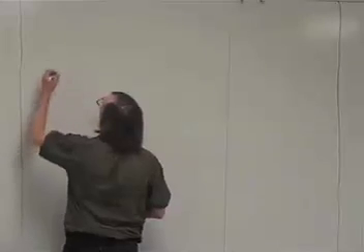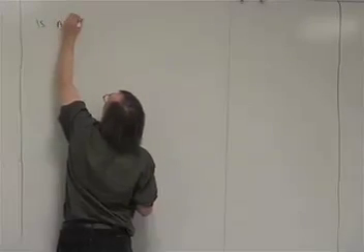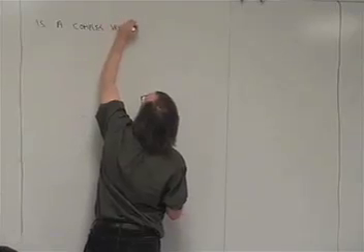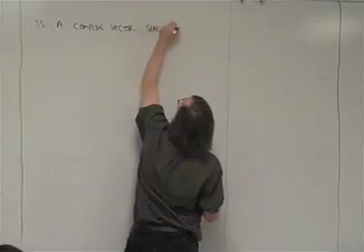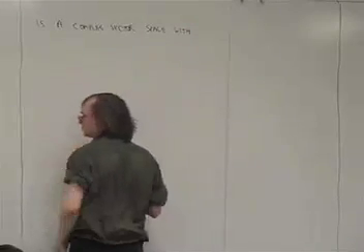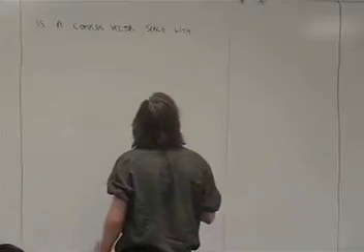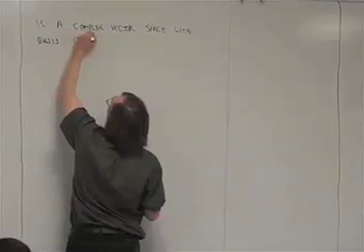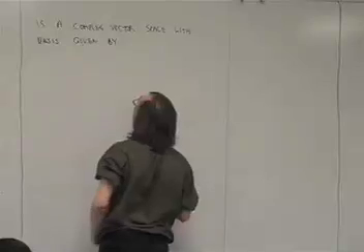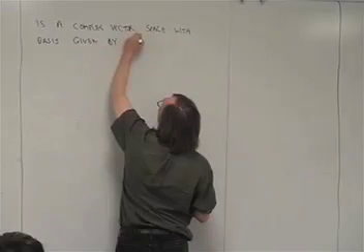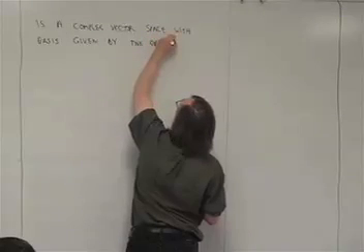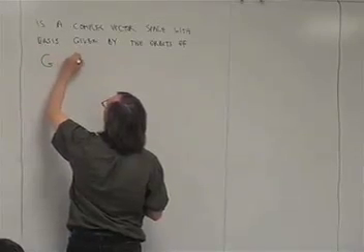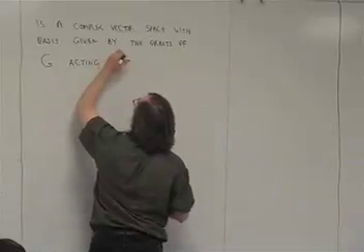That Hom space is a vector space, a complex vector space, with basis given by the orbits of G acting on S squared.